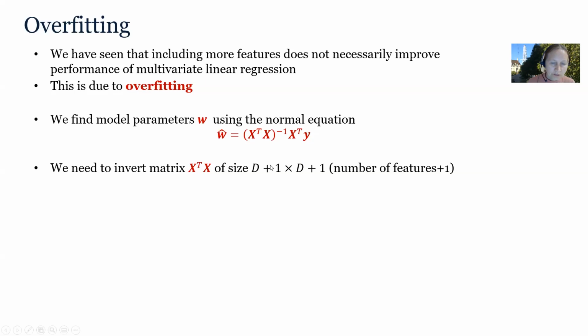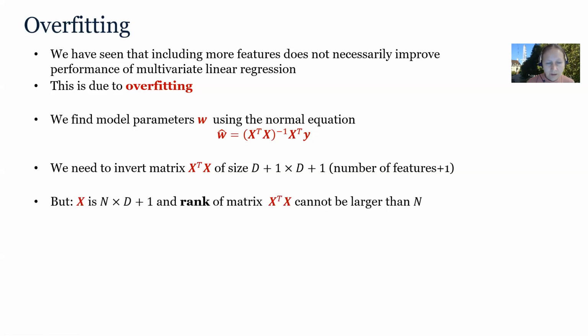And this matrix is a square matrix of size number of features plus 1. But because the matrix X is n times d plus 1, which is number of samples times number of features plus 1, the rank of this matrix cannot be larger than n. And this is very important to realize.